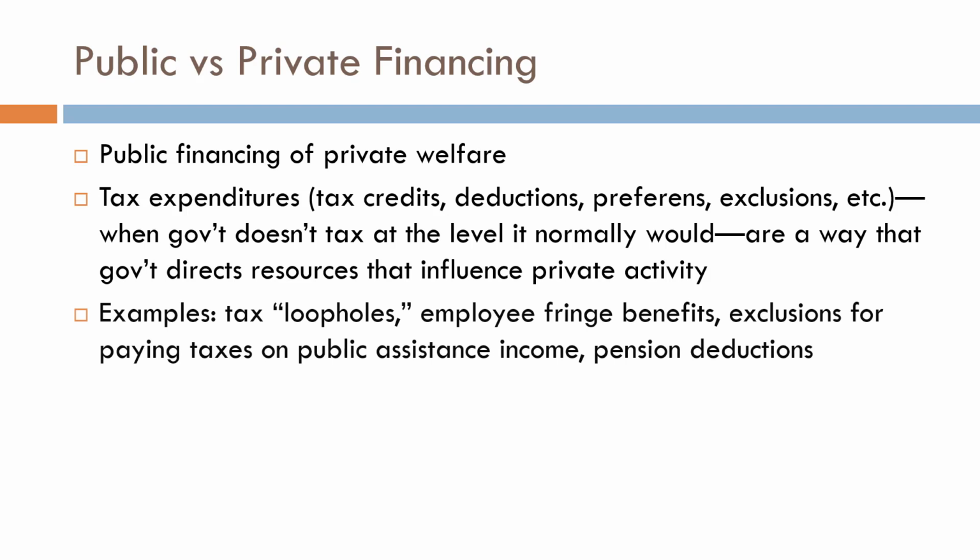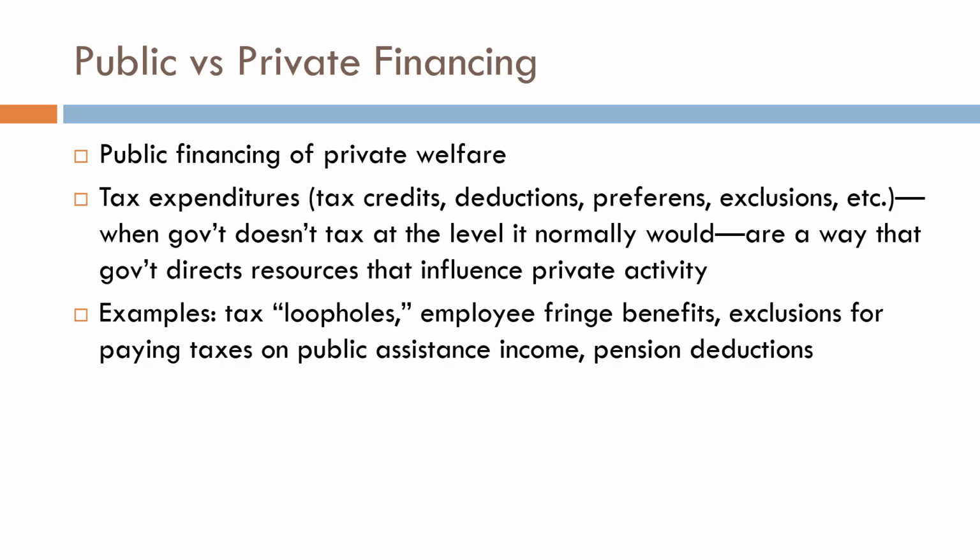For example, when we have tax loopholes or employee fringe benefits, or exclusions for paying taxes on public assistance income, that does make sense if you think about it. If I'm receiving welfare, I shouldn't be taxed on that income because the whole point is I don't have an adequate income and I need that assistance. But also pension deductions.